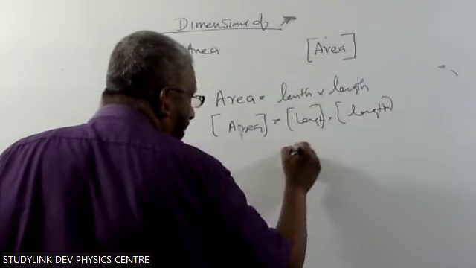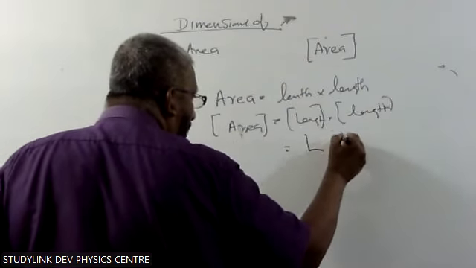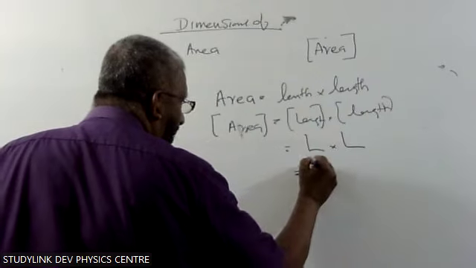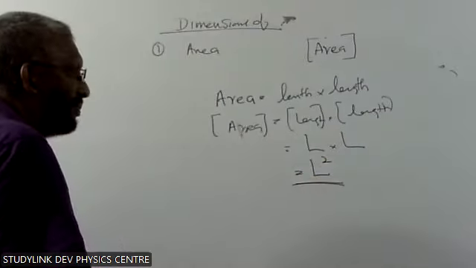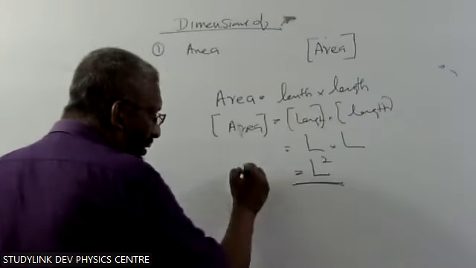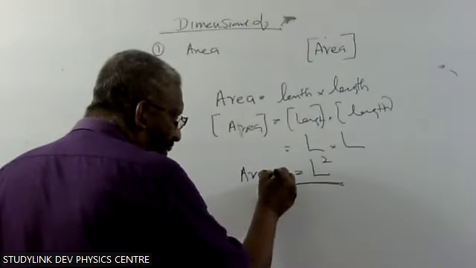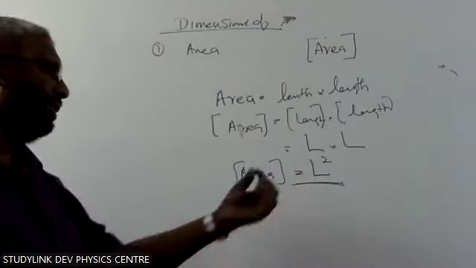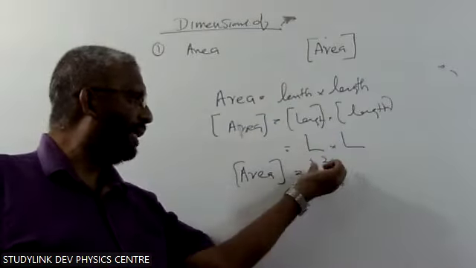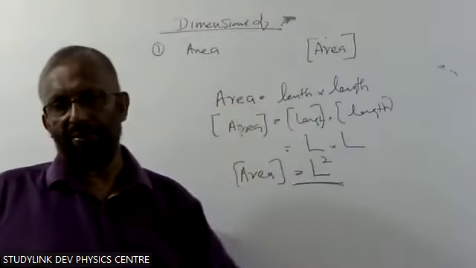What is the dimension of length? Capital L into capital L. So this is L square. Dimensions of area. This is the way we are writing now. The other notation, with the square bracket, is not accepted now.